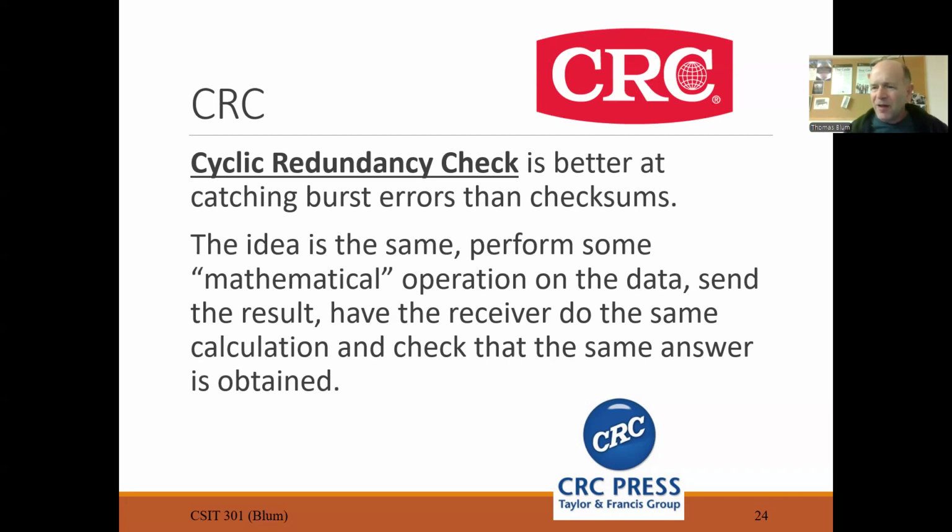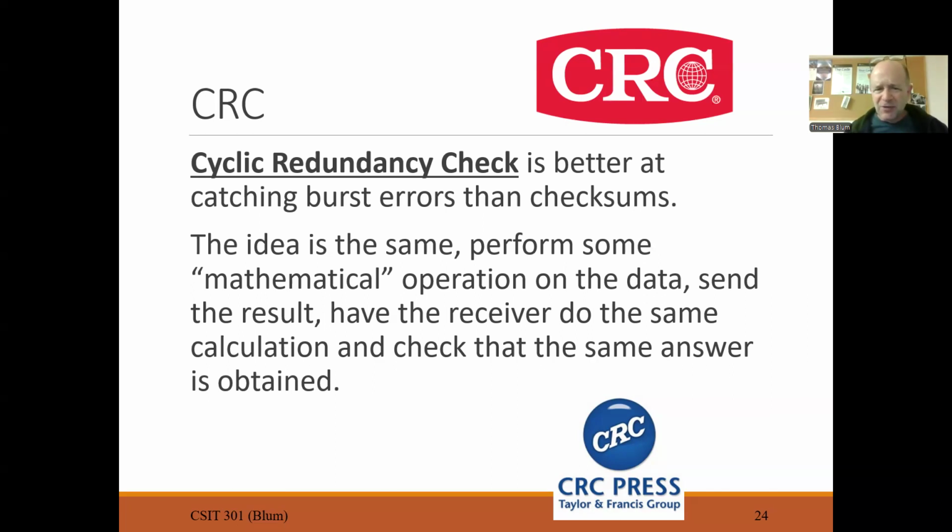If you're thinking of the ones and zeros as numbers, then you can think of it as some mathematical operation, but it might just be some electronic operation, some logical operation. You have the data, you perform this operation, you send the result of your operation in addition to the data. The receiver does the same operation, looks for the same answer, and sees if there's agreement, then presumably the data came over.